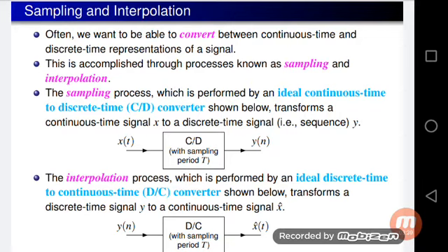It is able to convert continuous time signals, that means CT, into discrete time signals representation of a signal. So this is the basic operation of sampling in any electrical or electronic devices.